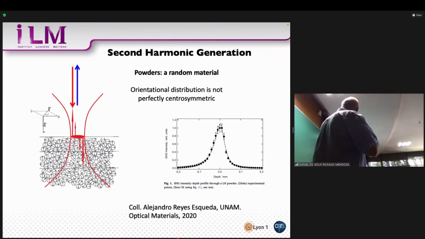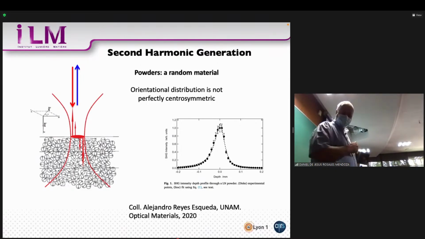And therefore, when you shine your light through, what you can see is that as the beam waist, I don't have a pointer, but just quickly here, this is the beam waist. This is the main region of generation of the second harmonic. And you can move it through from the air into the powder. Therefore, you get your signal.